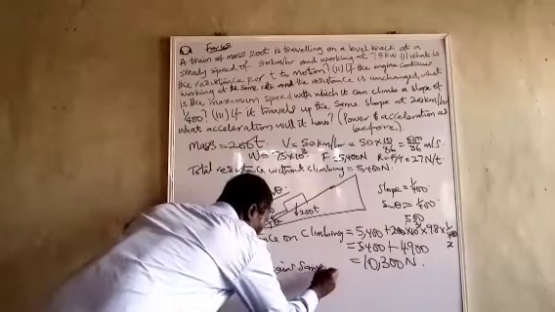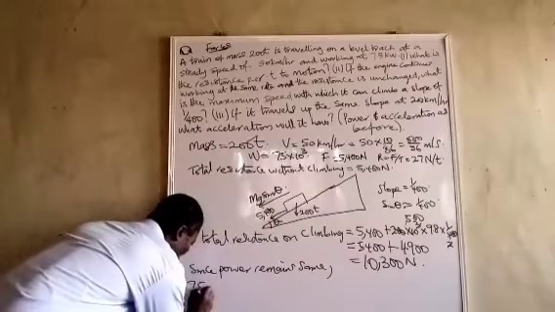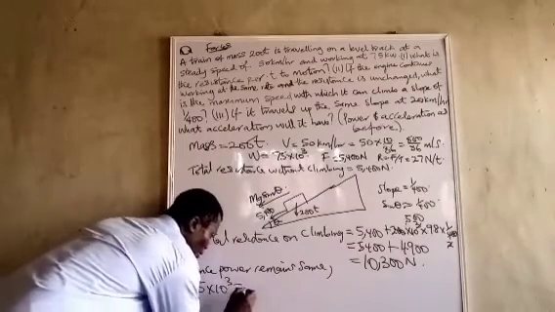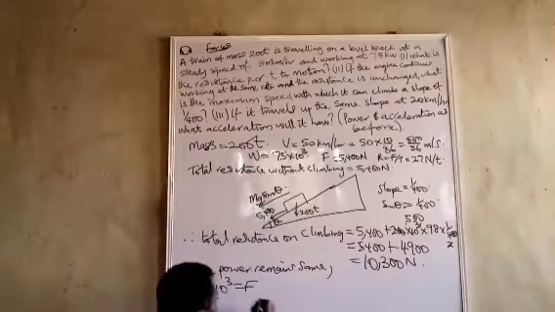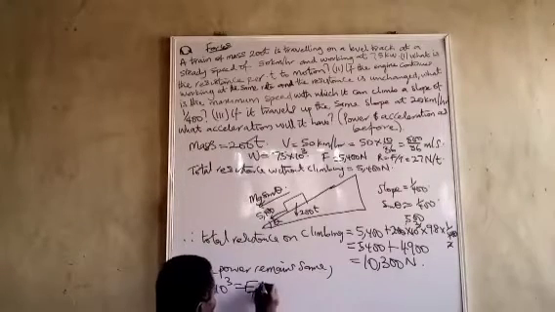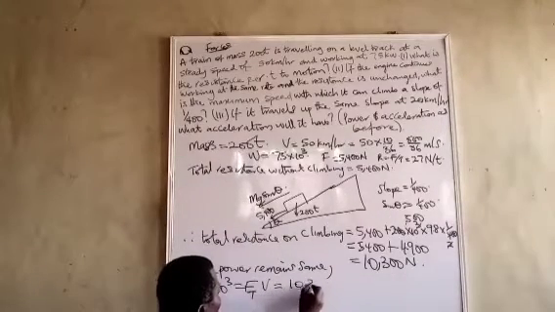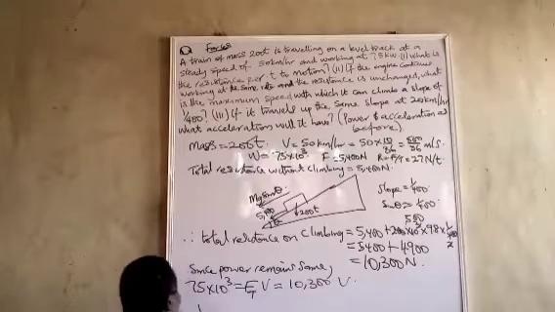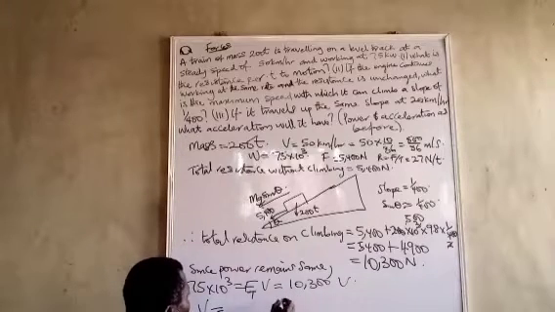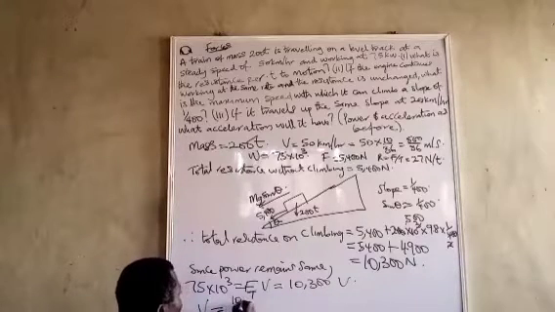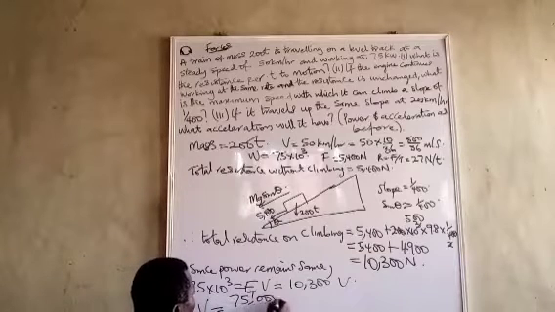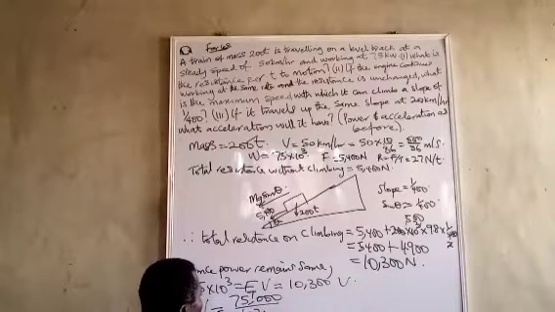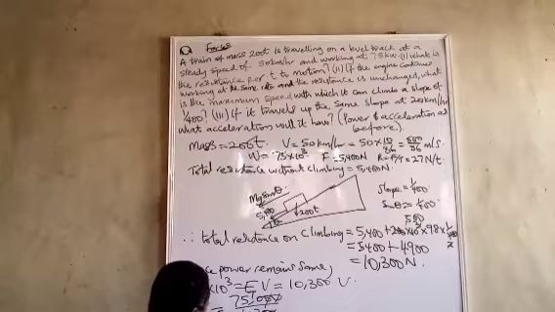And since the power remains the same, 75 times 10 raised to the power 3 is equal to FV, which is equal to 10,300 V. So the new velocity, the maximum velocity now, will be 75 over 10.3.